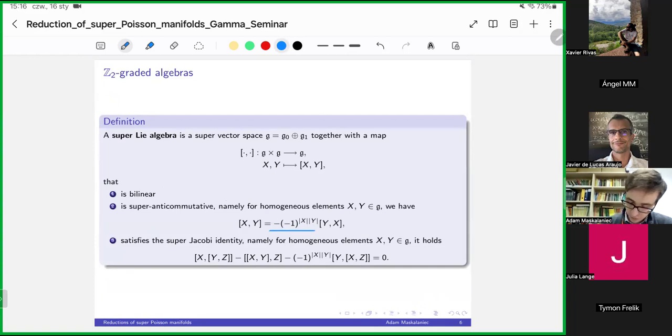And similarly, we modify the Jacobi identity. And we may observe that if we reduce this super Lie algebra, when we quotient out this odd part, then we obtain a usual Lie algebra.